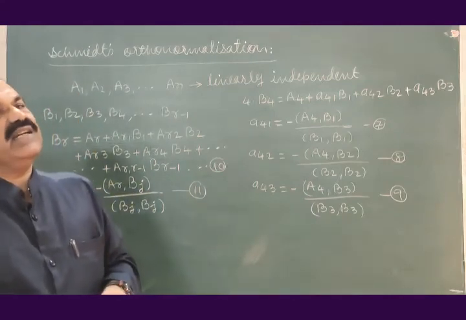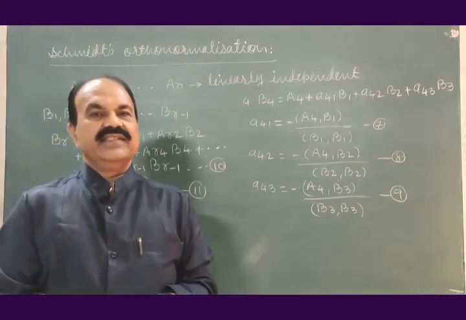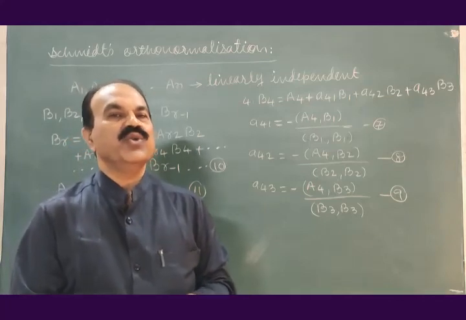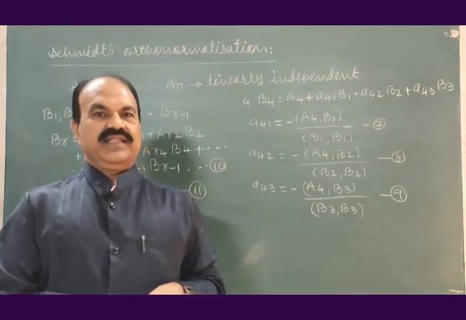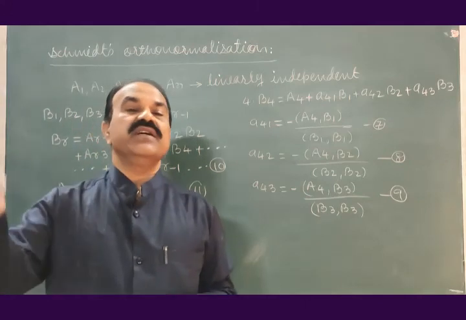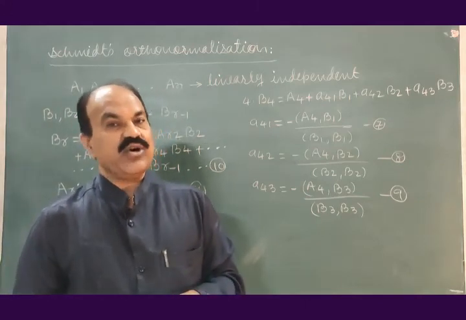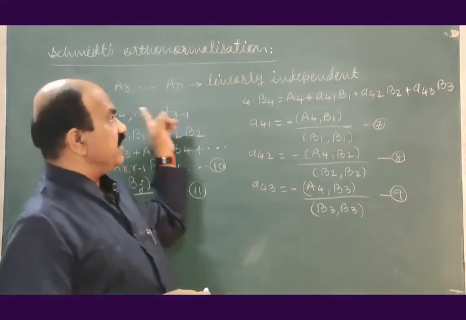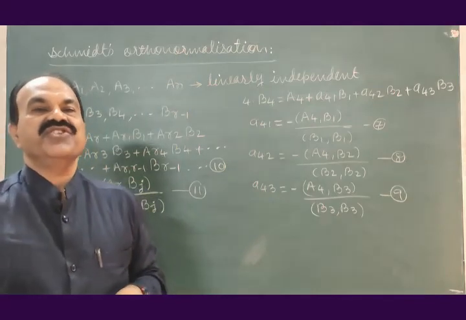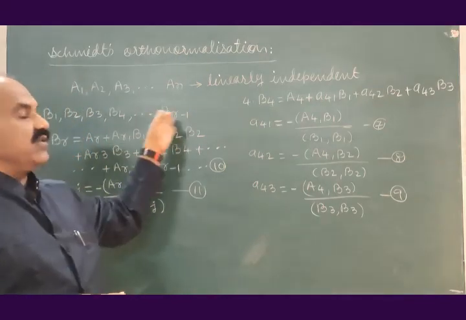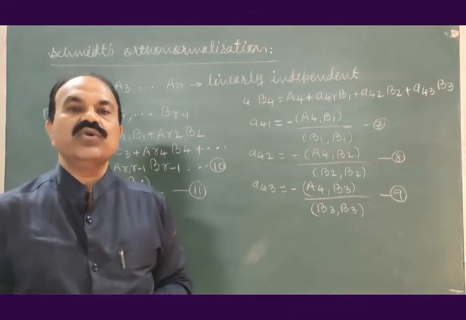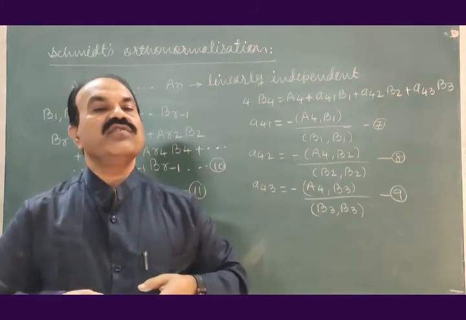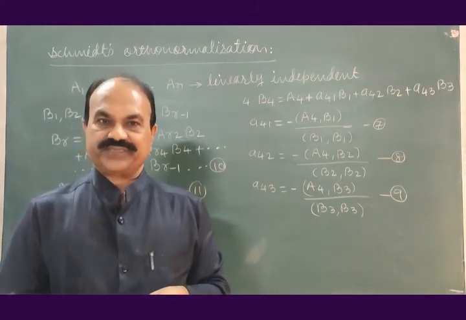At the beginning, I told that not only can you get the set of n number of orthogonal vectors, you can also derive the set of n number of orthonormal vectors using Schmidt's orthonormalization method. I got the set of n number of orthogonal vectors. How to get the set of n number of orthonormal vectors?